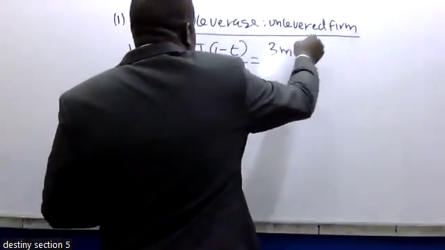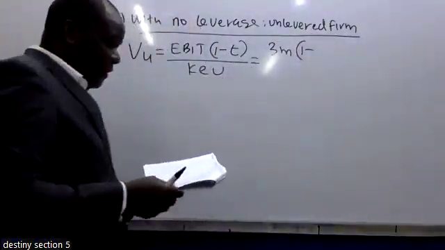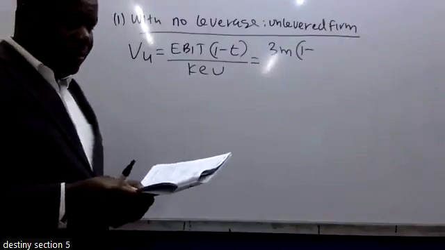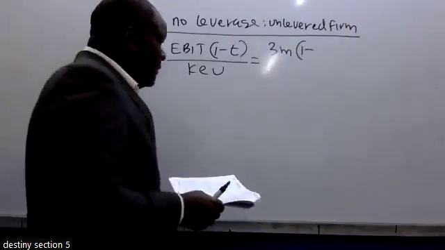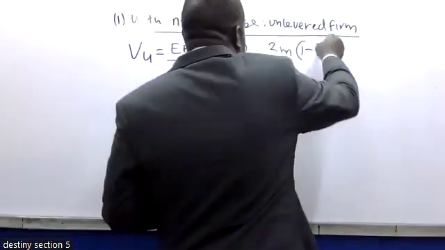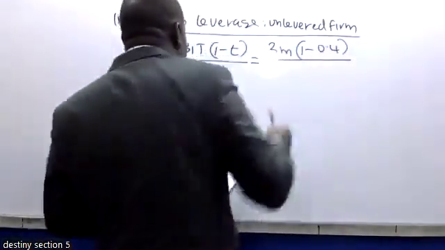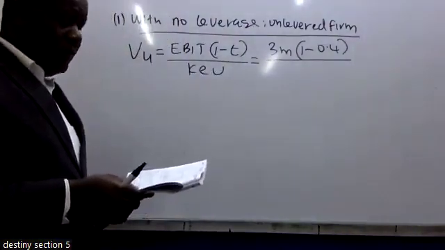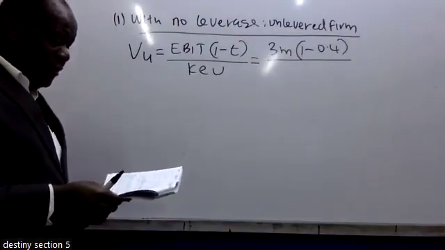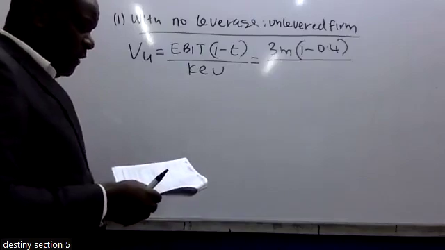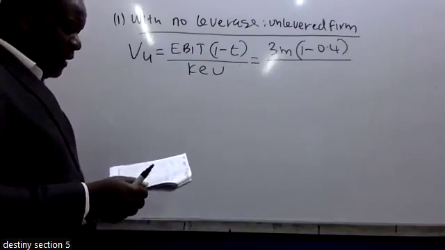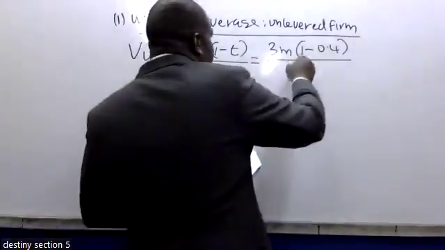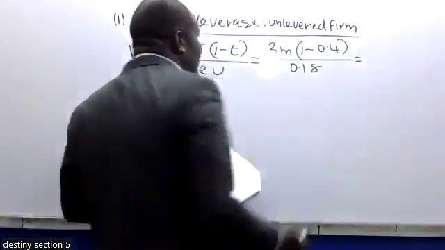The corporate tax was 40%, which is 0.4. KEU, the cost of equity for the unlevered firm, has also been given: the required rate of return on equity in the absence of borrowing is 18%, which is 0.18.